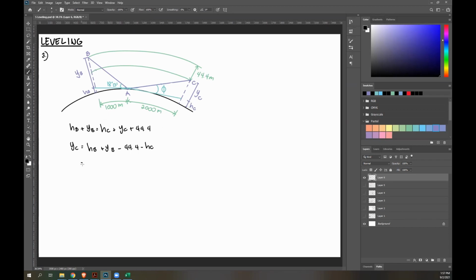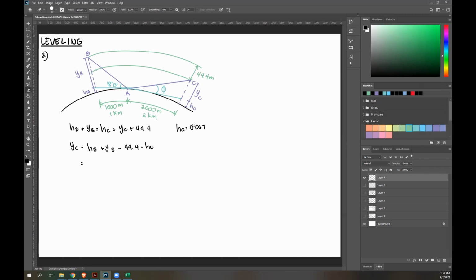Now we just need to solve for the following. So HB, again, that's just your correction. So let's get that. 0.067 K squared. And then K is in kilometers, so I'll convert that into kilometers. 1,000 meters is 1 kilometer. Same thing here, this is 2 kilometers.